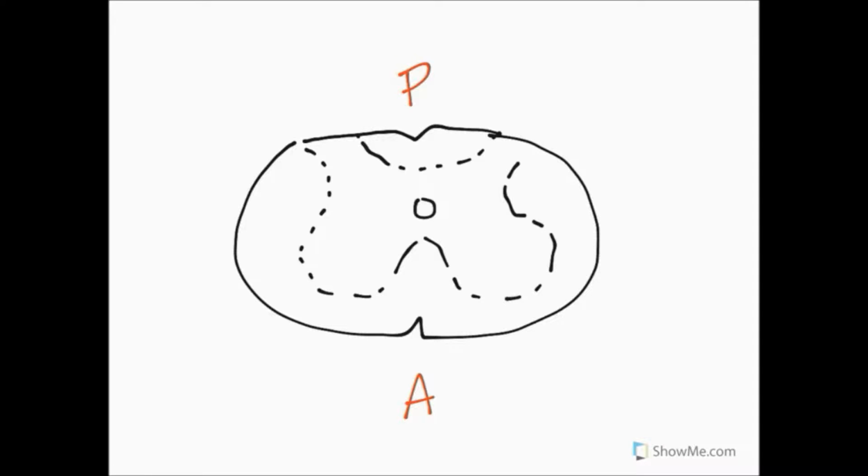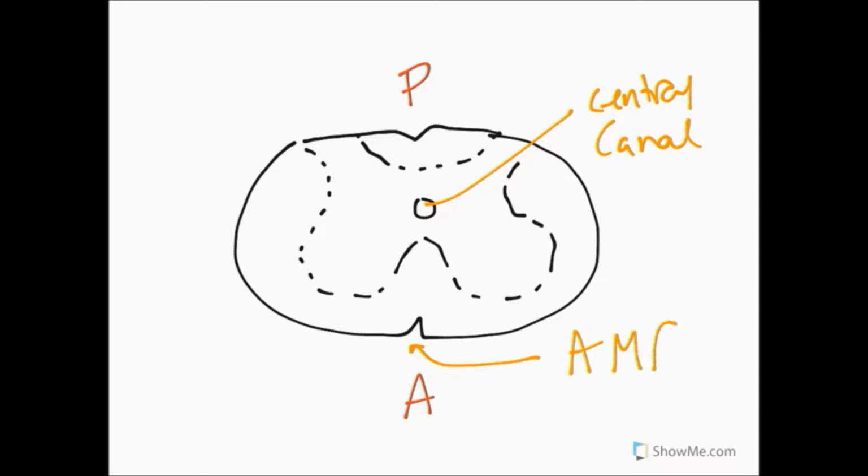We are going to have a central canal. We are also going to have this small indentation in the front here, which is known as the anterior median fissure, abbreviated AMF. The counterpart indentation posteriorly is known as the posterior median sulcus. We put PMS at the back there.